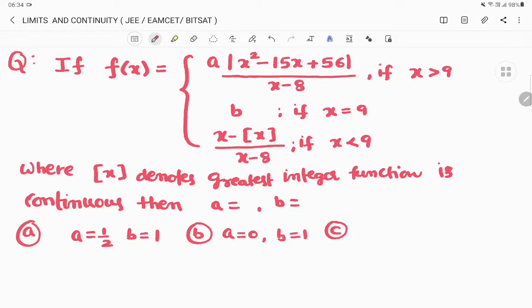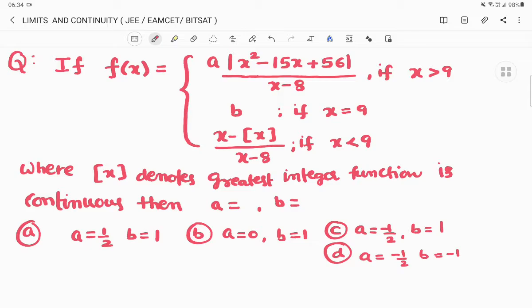Third option a equal to minus 1 by 2, b equal to 1, and fourth option a equal to minus 1 by 2, b equal to minus 1. Here clearly they mentioned that f of x is continuous.